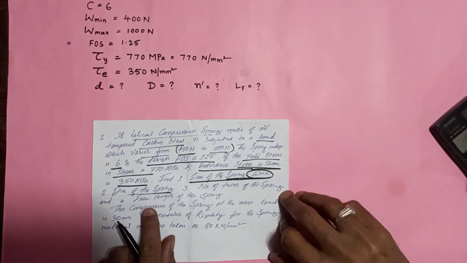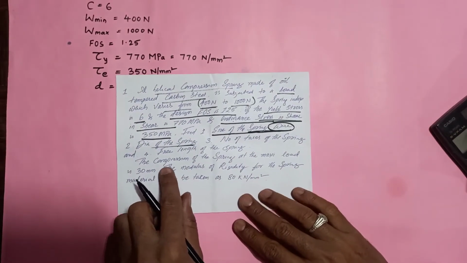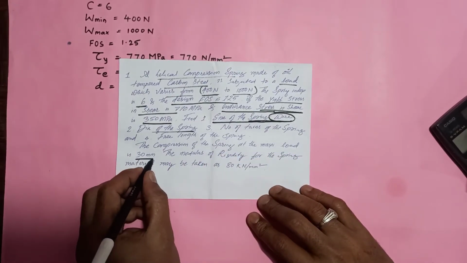Next, the compression of the spring at the maximum load is 30 millimeter.